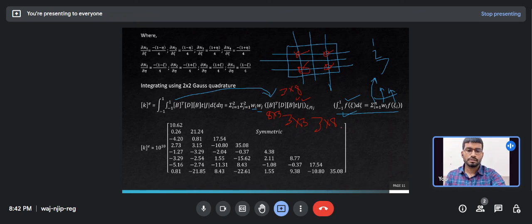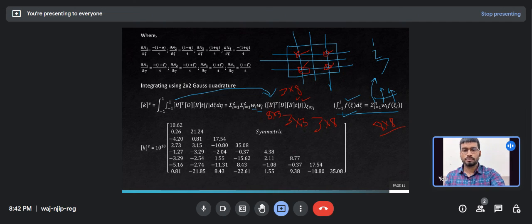So ultimately the size of the K matrix will come out to be 8 by 8, because the degree of freedom is 8. That's why the size of the stiffness matrix is 8 by 8. And we know that this is symmetric, so that's why I am not repeating the upper triangular terms.